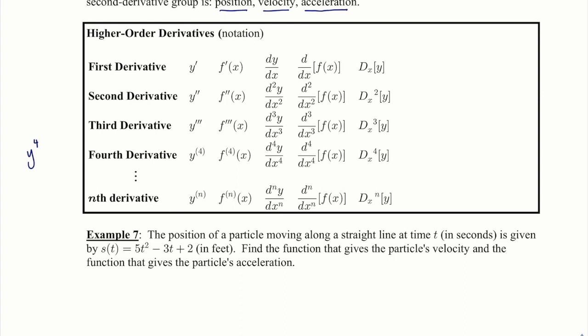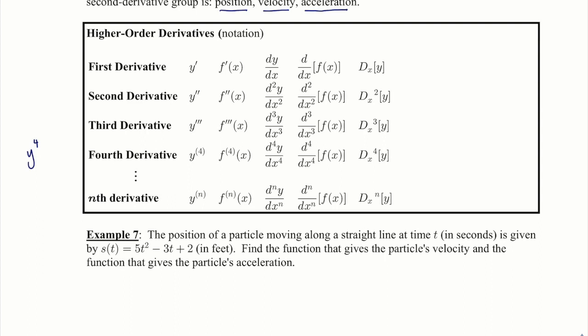You can see how we transition between the first derivative, the second derivative, and the third in each of these notations. The y prime or the f prime is pretty straightforward. In the dy dx notation, notice that you have the exponent on the d in the numerator to say I'm doing this derivative this many times, and you have it on the x in the denominator.